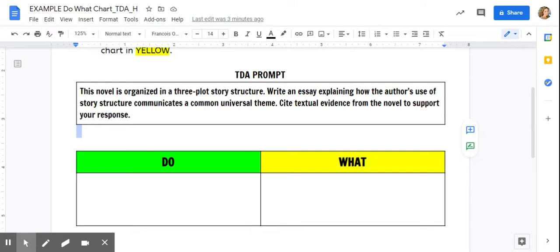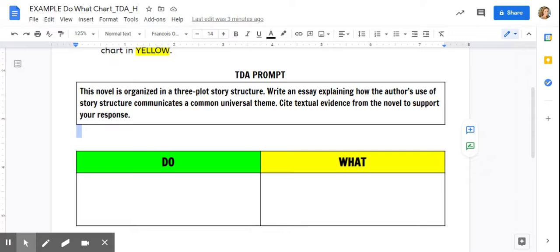But let's look at it. This novel, Refugee, is put together in a three-plot story structure. So you know there's three plots in this book. There's the Joseph, Isabel, and Mahmoud, three different plots. Structure just means how something is built. It's how this book was put together. So that's just a statement.